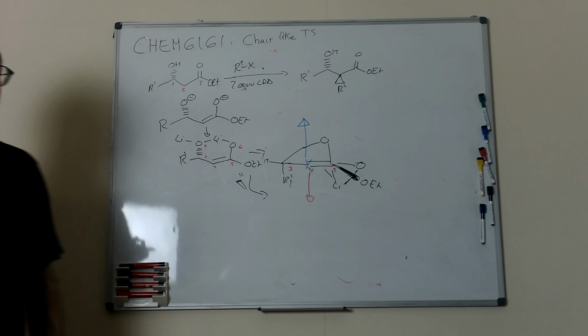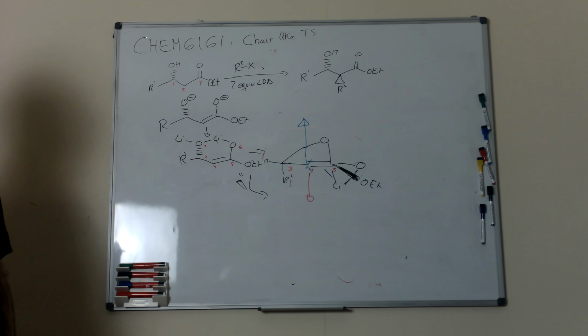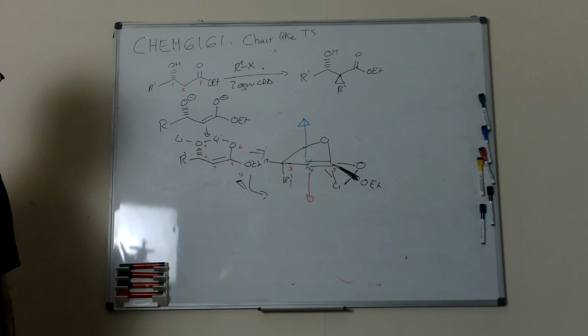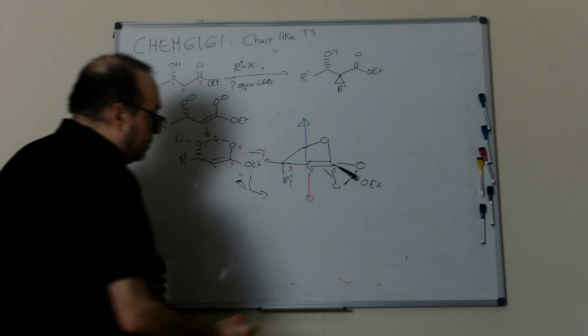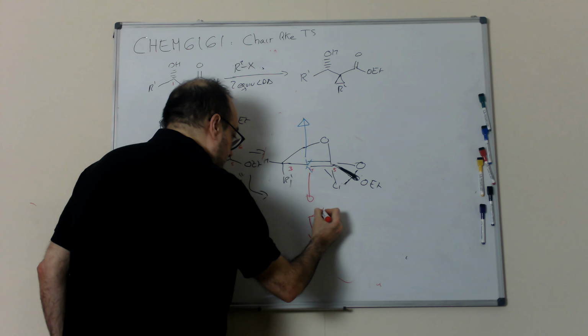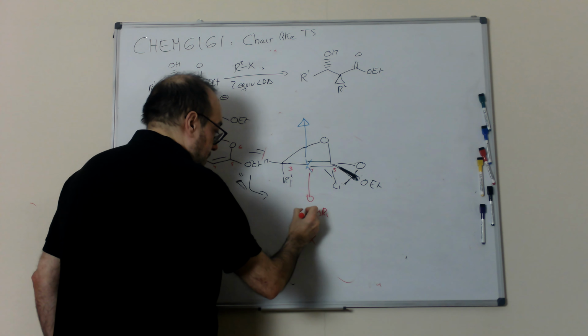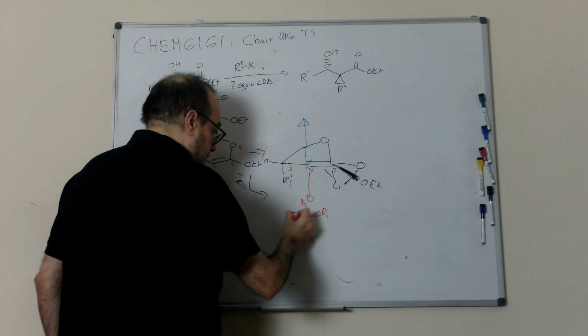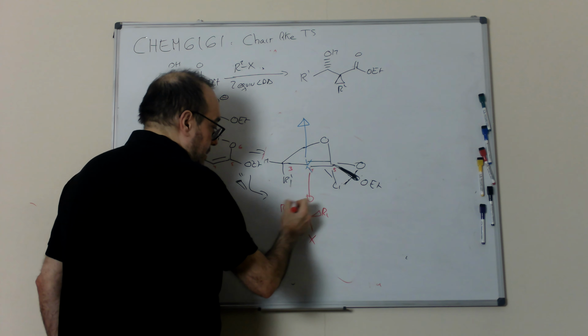If we do an attack of an enolate to an alkyl halide, from the point of view of the alkyl halide, the reaction will go through SN2. That means we have here the leaving group, and we will have here the three substituents of the alkyl halide.